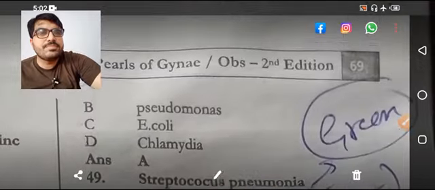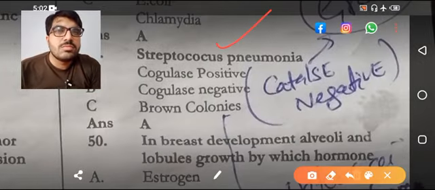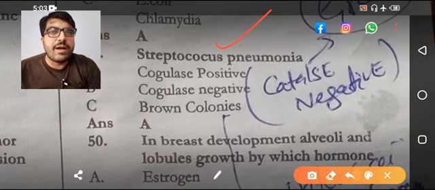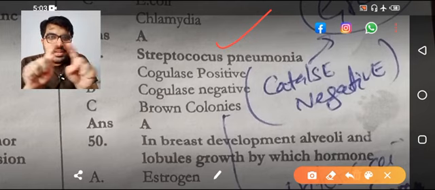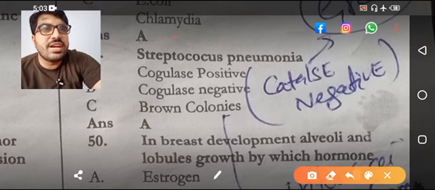Coming next. Now this MCQ is wrong. Streptococcus pneumonia. Now I will give a little overview of this. We are having the catalase enzyme, so catalase positive and catalase negative.